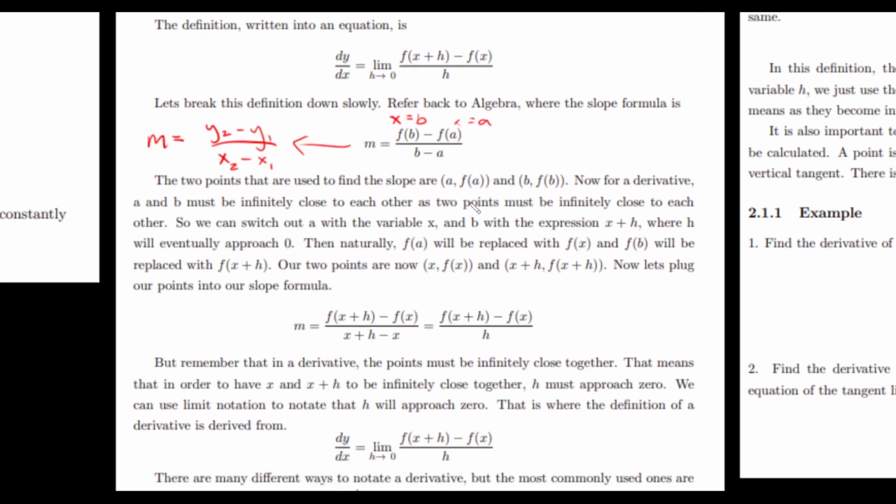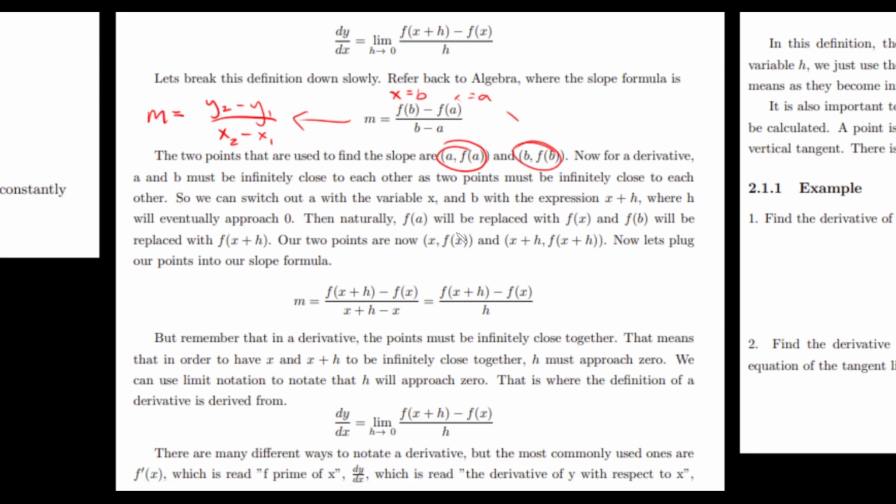And that means your 2 points to find the slope, instead of x1 and x2, are a in function of a and b in function of b. But what we want to do is find the slope between 2 points that are infinitely close to each other, right? So basically what we want to do is create the effect of a approaching b, or the other way around, same thing, as these two x's approach each other.